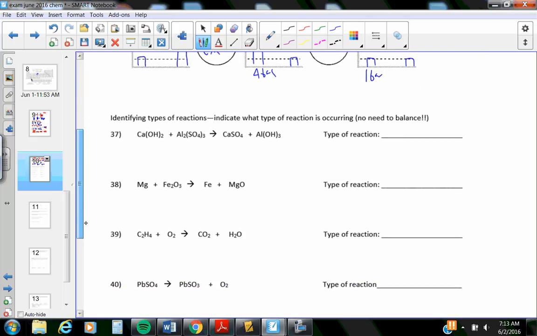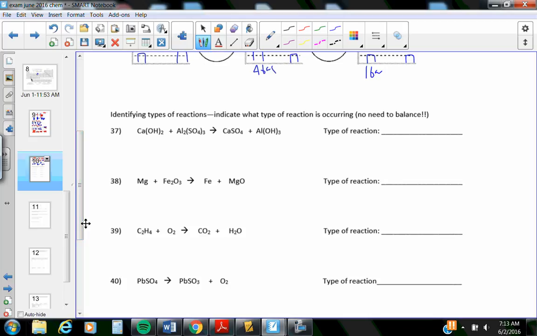Next ones are identifying type of reaction. You don't need to balance these. The first one looks double complicated plus double complicated gives you double complicated and double complicated. That must be a double replacement reaction. This is where the dance partners trade places. Double replacement.